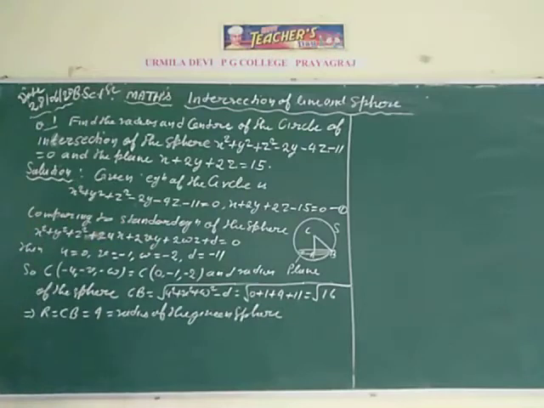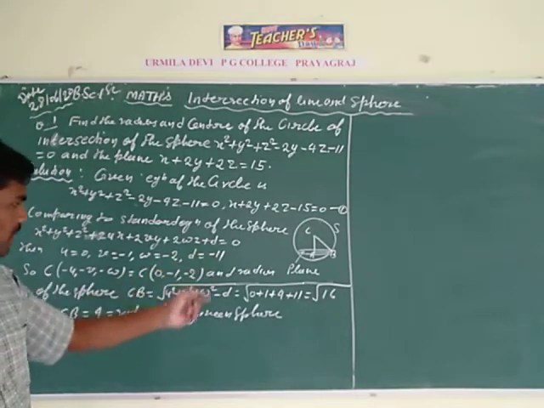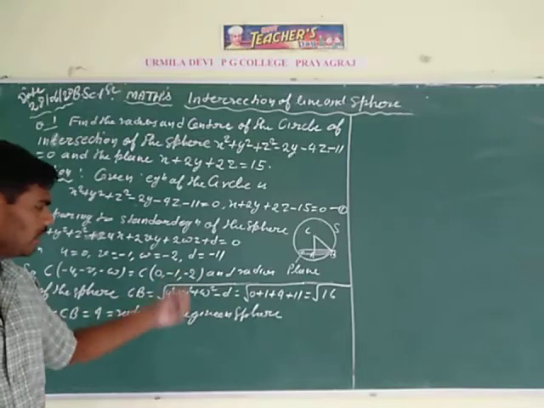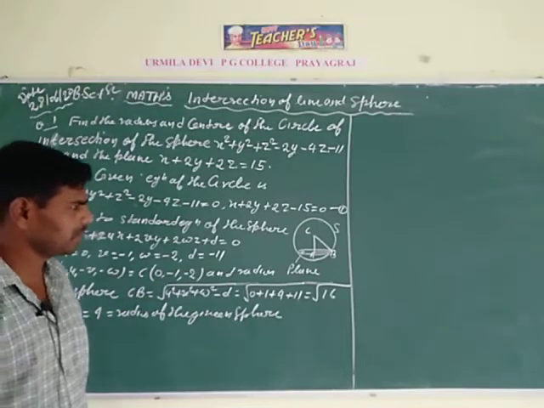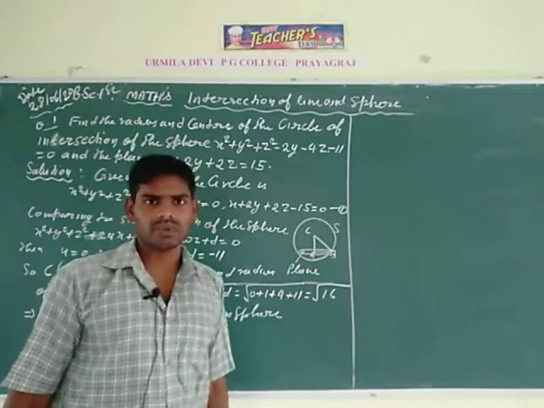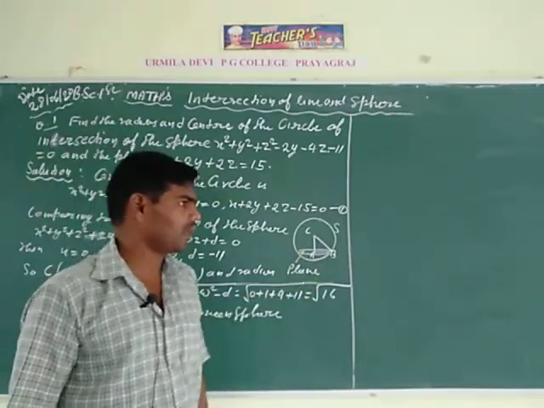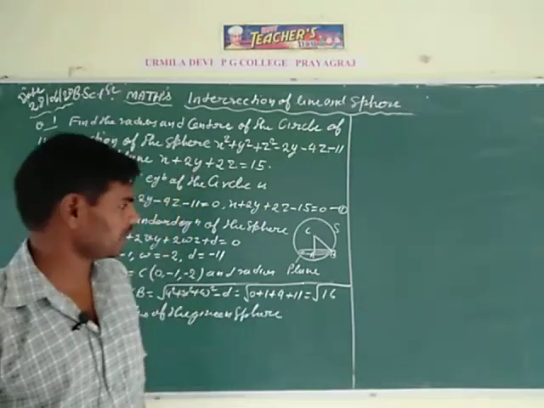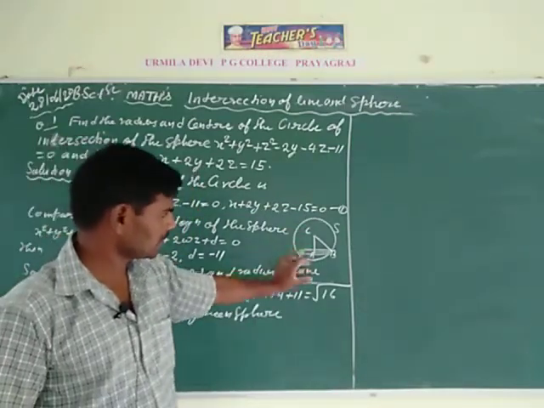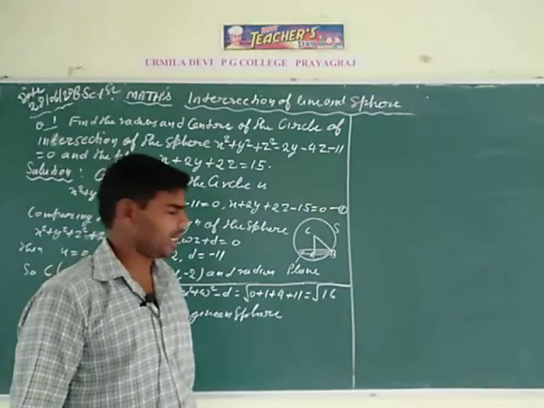The radius of the given sphere is clear, which is equal to 4 from the figure, equal to CB. And the coordinate of C is 0, minus 1, minus 2. So from the figure, if we draw a perpendicular line from the capital C to the intersecting plane, and suppose the intersecting point is capital A, then our aim is to find the coordinate of the point capital A. For this, first write the equation of the straight line, meaning the perpendicular line CA.